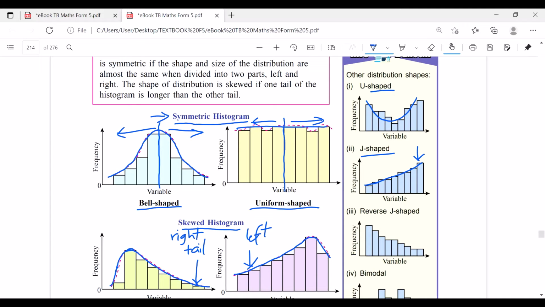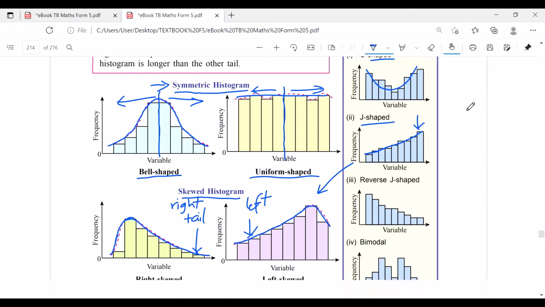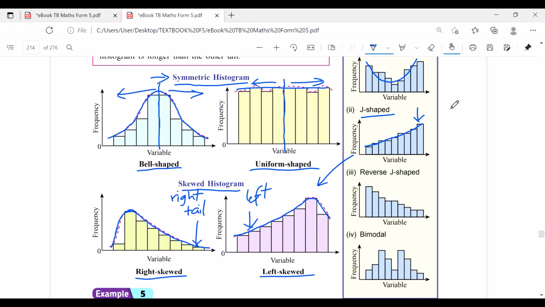And don't confuse it with this one, the left skewed. It's not the same as the J shape. Because for the left skewed, it goes up and reaches the highest peak, then it goes down. But this one just goes up and stops at the highest peak. It doesn't go down, right?